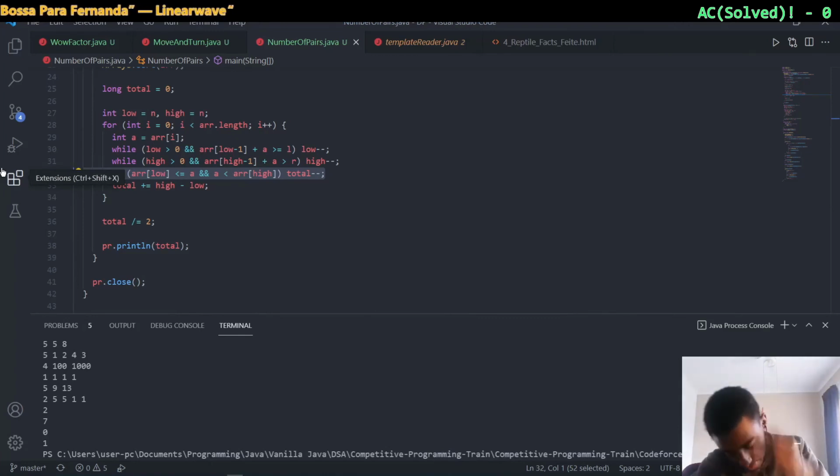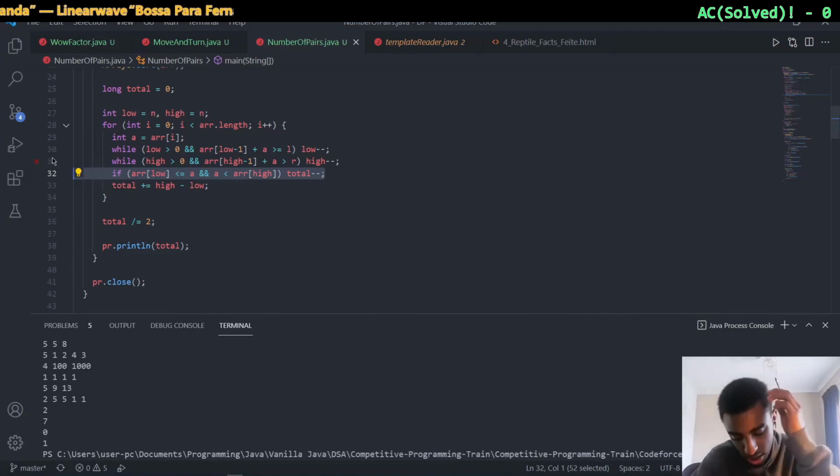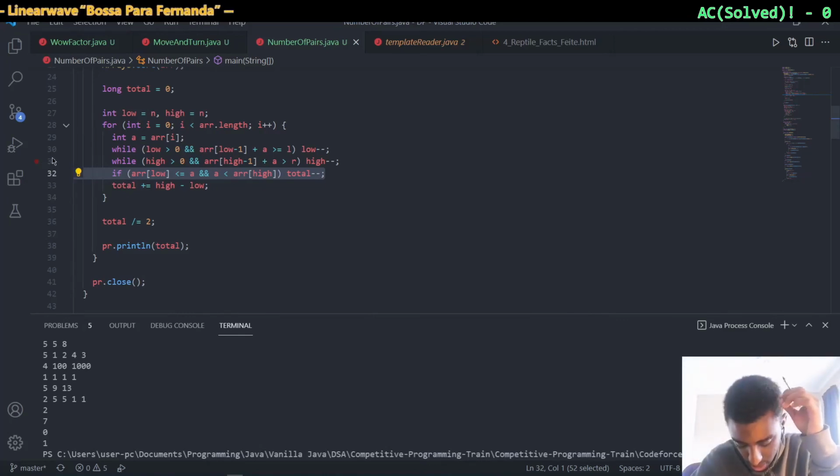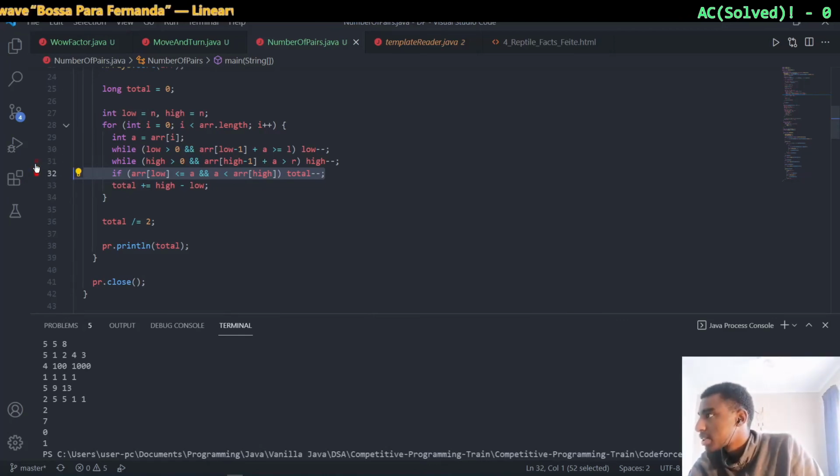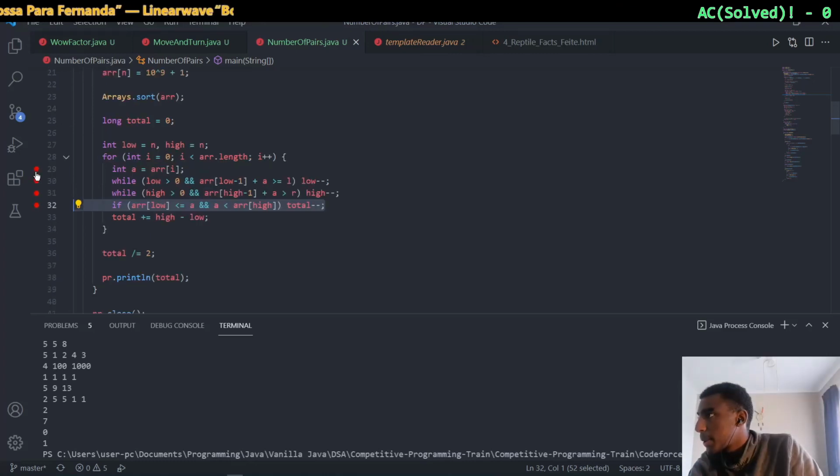But I'm doing something wrong with the overcounting, I think. So let's just put a bunch of debug statements. Let's see what happens.